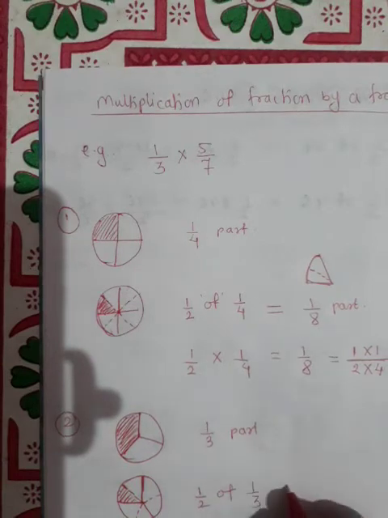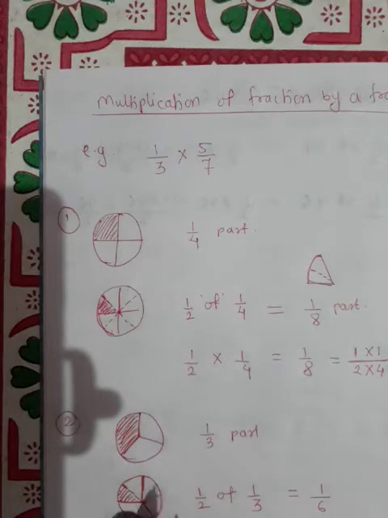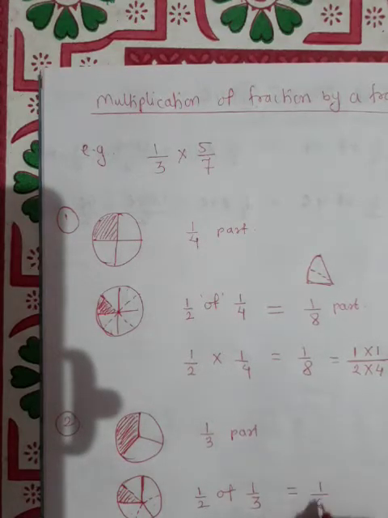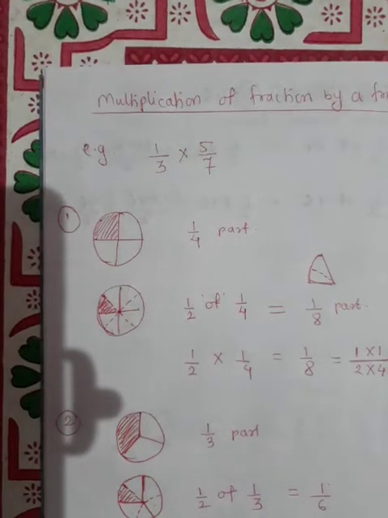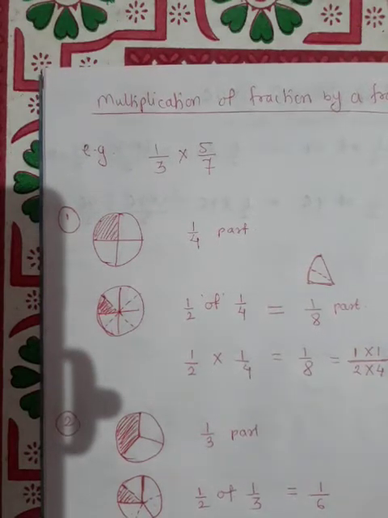Here there are a total of 1 2 3 4 5 6 parts, and we shaded one of them, so this is 1 by 6 of that circle. Therefore 1 by 2 of 1 by 3 is equal to 1 by 6. That is, 1 by 2 into 1 by 3 is 1 by 6. Means 1 into 1 upon 2 into 3, 1 into 1 is 1, 2 into 3 is 6.